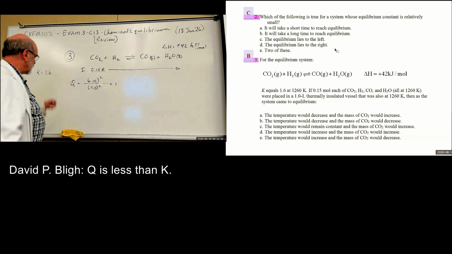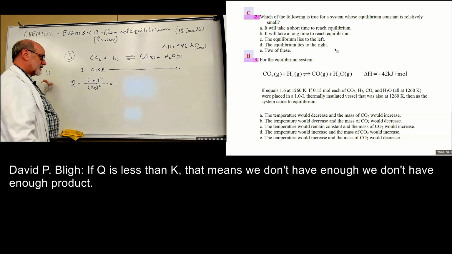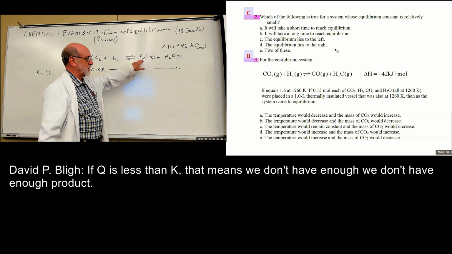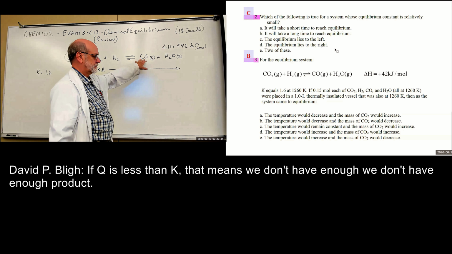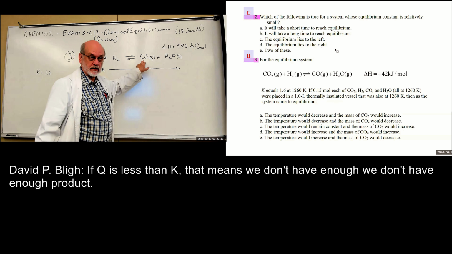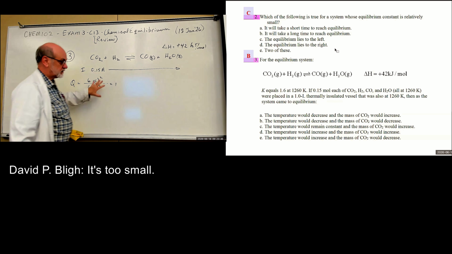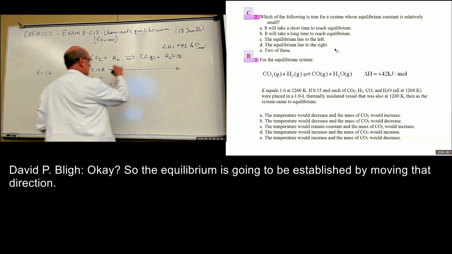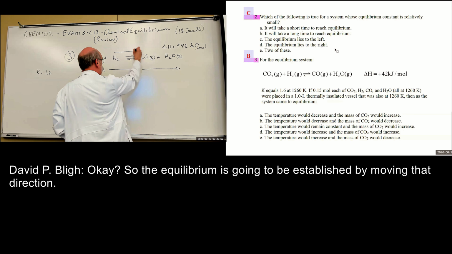Okay. Q is less than K. If Q is less than K, that means we don't have enough product. It's too small. Okay. So the equilibrium is going to be established by moving that direction.